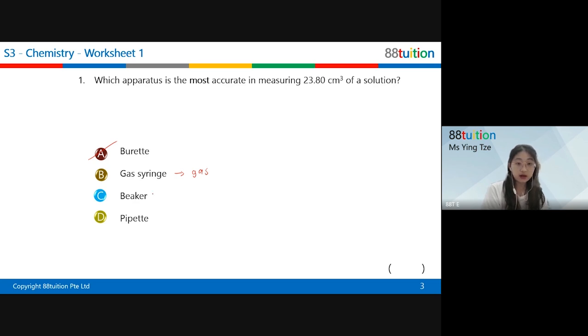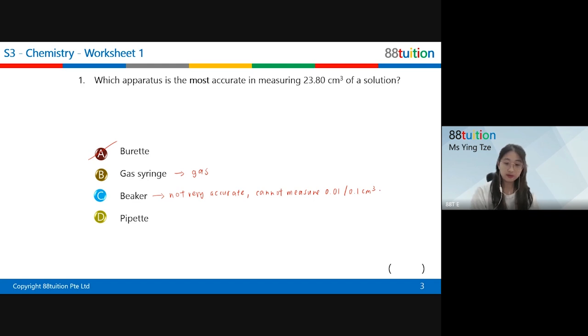And then a beaker is usually not very accurate, so it definitely cannot measure up to 0.01 or 0.1 cm cube. Typically a beaker is less accurate than a measuring cylinder, so we won't use it to measure.